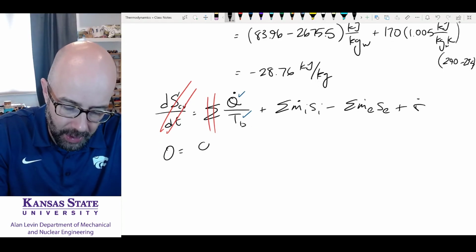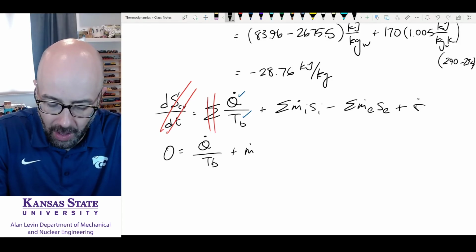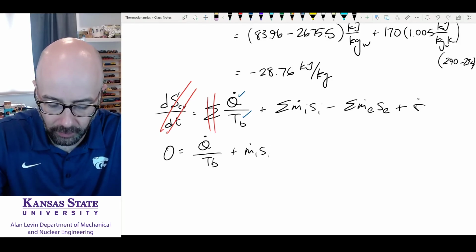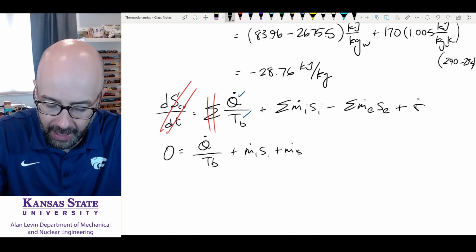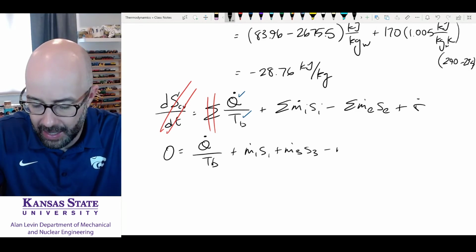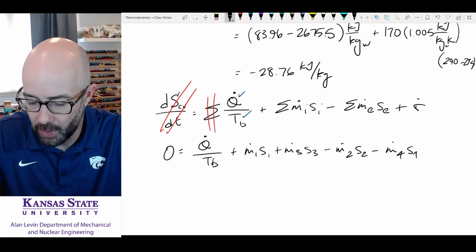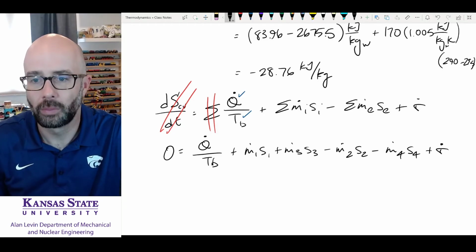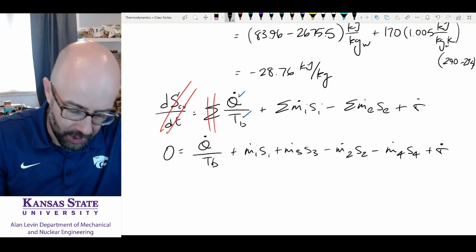So we go through here and we say, okay, here's what we're going to get. 0 is equal to Q dot all over temperature of the boundary plus m dot 1 S1 plus m dot 3 S3 minus m dot 2 S2 minus m dot 4 S4 plus sigma dot. Okay, we're going to join these things together again.